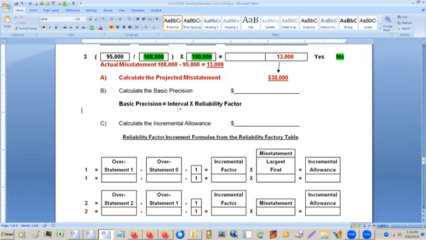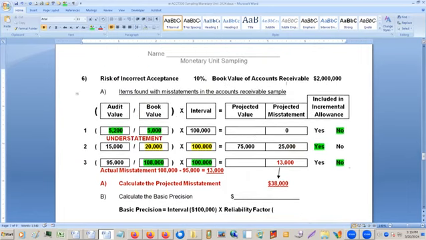Our interval is 100,000, times our reliability factor. Now this is at 10%.